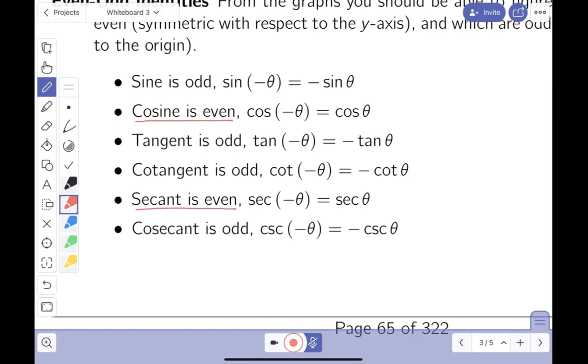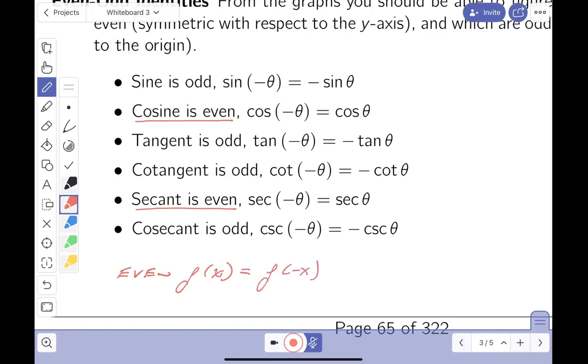Okay, if you look at the cosine curve, it has a folding symmetry about the y-axis. If you looked at the secant curve, it has a folding symmetry about the y-axis. Even symmetry is the simplest type of symmetry. Even symmetry, what is it? f of x would be identical to f of minus x.